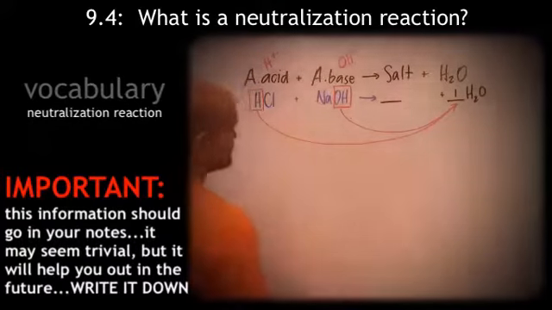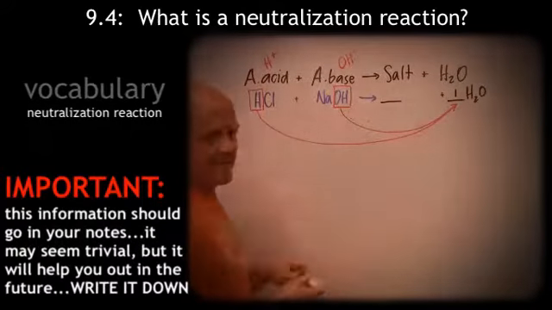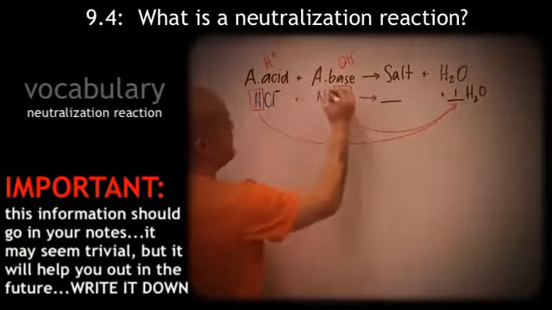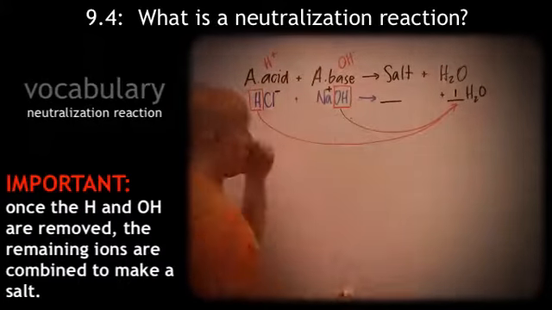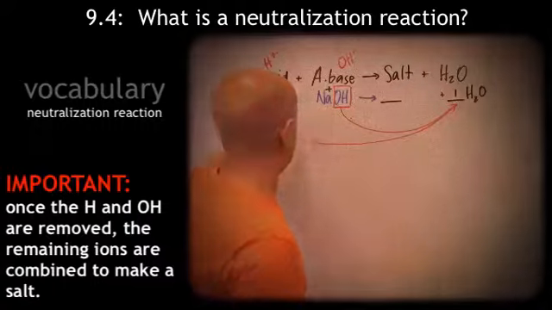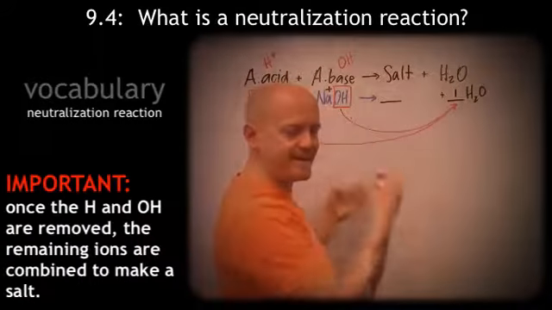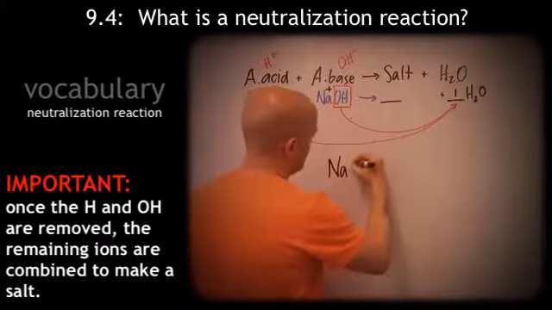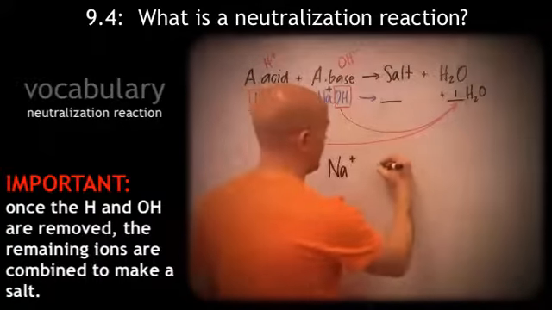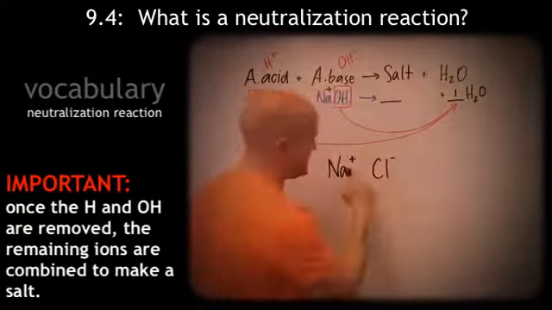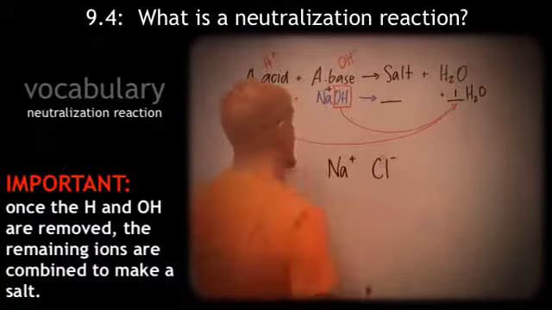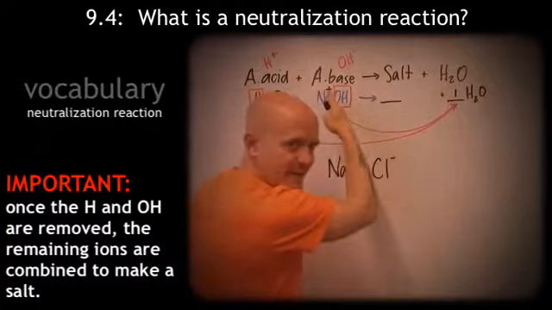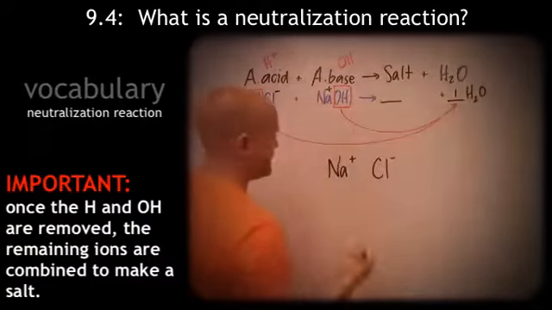Now, what's left over is I'm going to have the chloride negative and the sodium positive. So my salt is actually going to be sodium chloride. Now this is easy to name and to write the formula, but just in case you didn't know, I know it's going to be sodium chloride. So I know it's going to be Na positive and Cl minus. Because this was H plus, this was OH minus, this has to be Na plus, this has to be Cl minus.